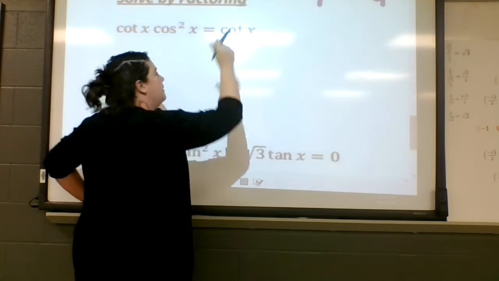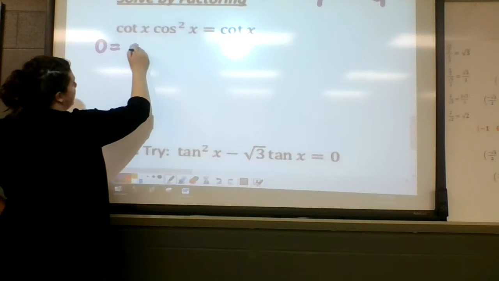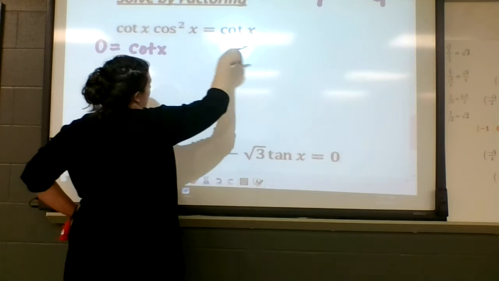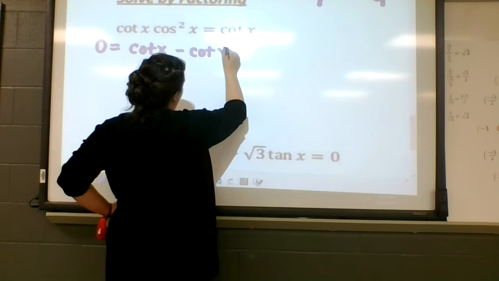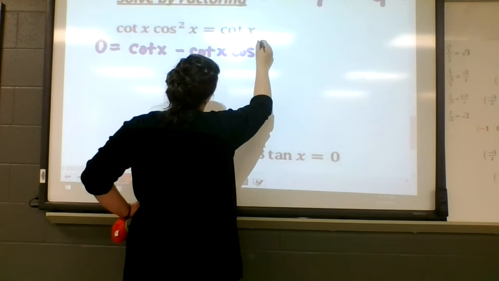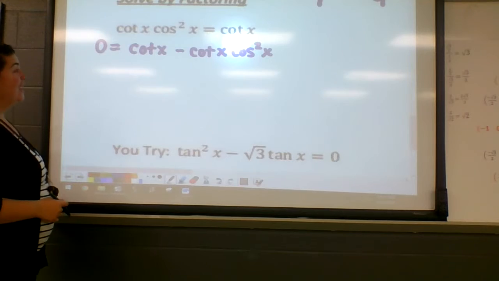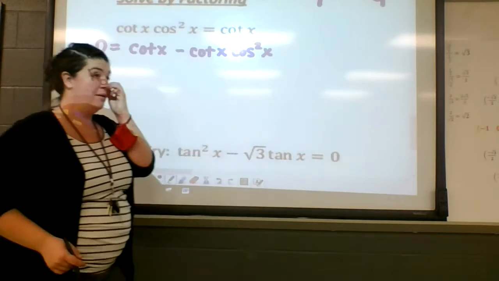So we would have 0 on this side, a cotangent of x here, and then subtract that whole term over. Subtract cotangent of x, cosine squared of x. So we took this term and subtracted it over there.